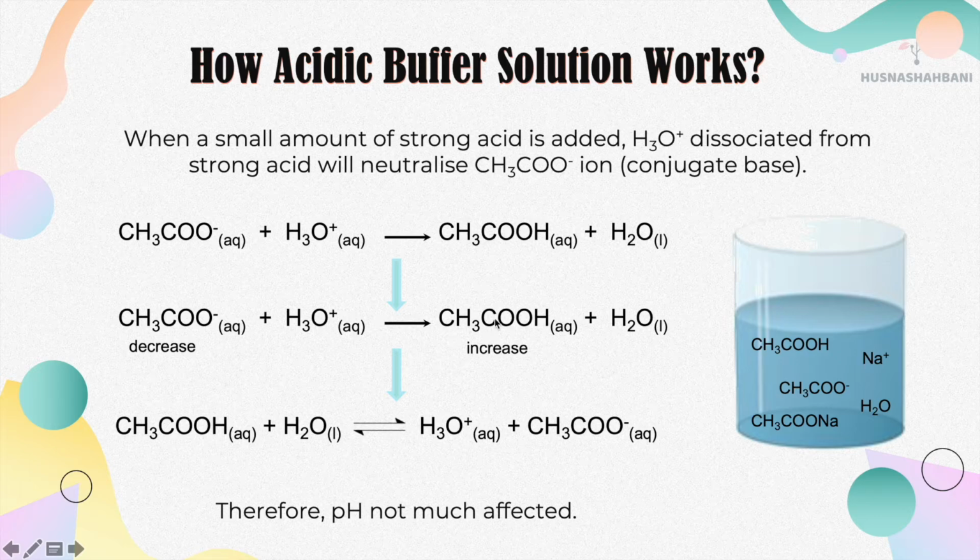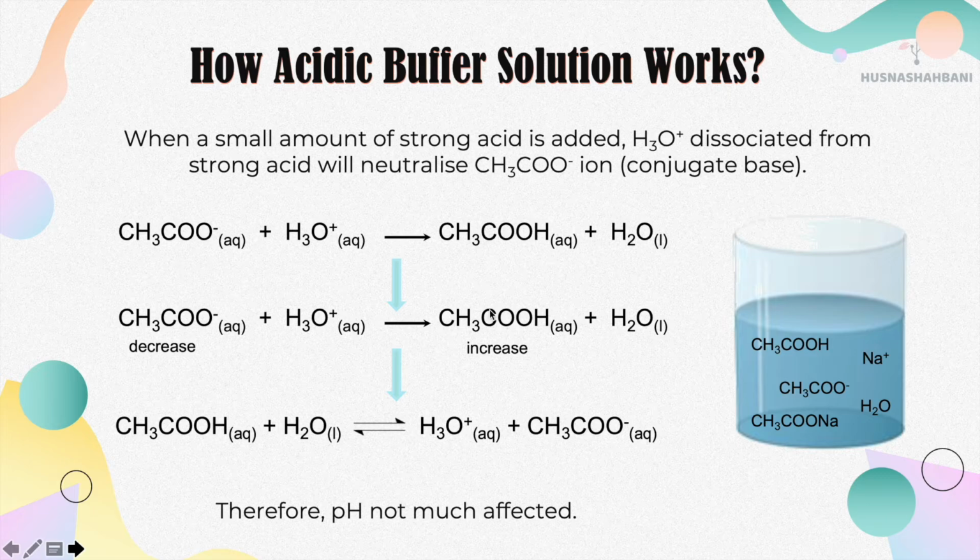And then, when the concentration of acid increases, we expect that the pH will be lower, because you have more acid. But this is how the buffer works. It won't affect the pH that much. How? The weak acid will keep dissociating in water to produce again CH3COO- and H3O+, and this will react with H3O+ again, and that's why the pH is not much affected.